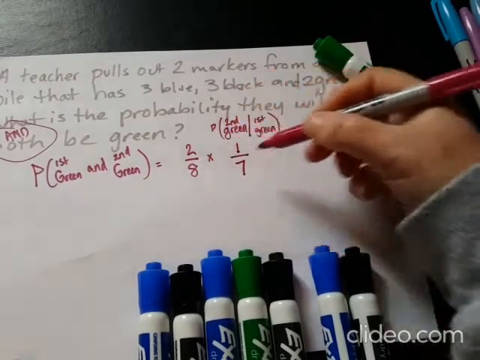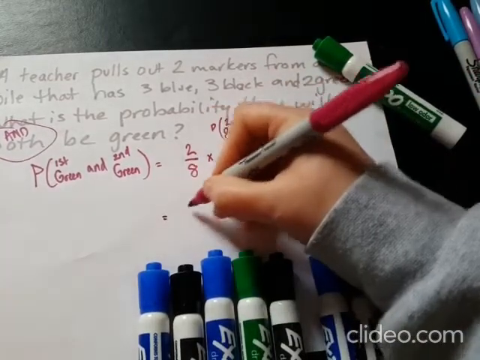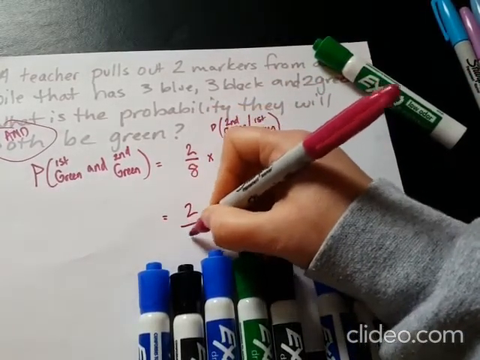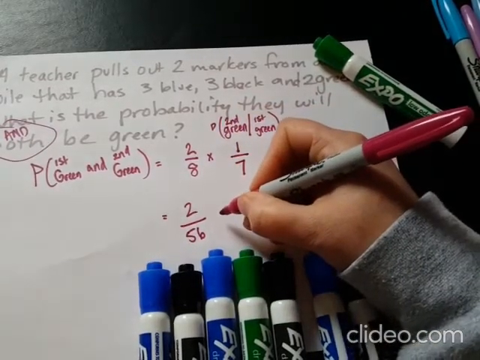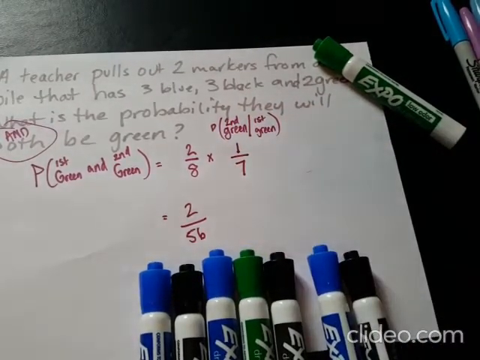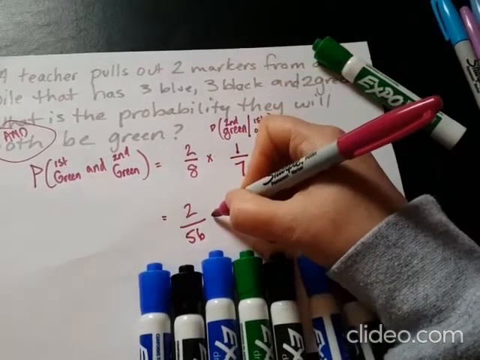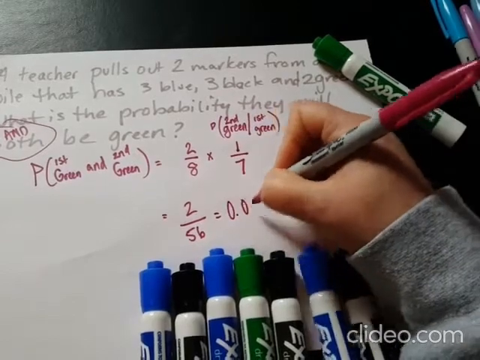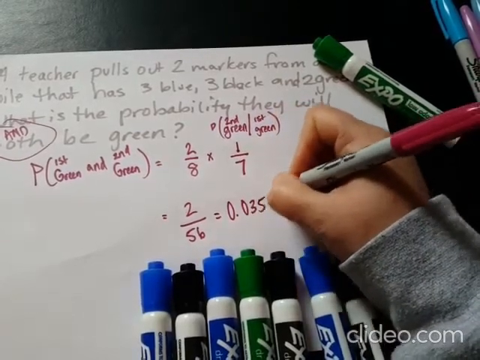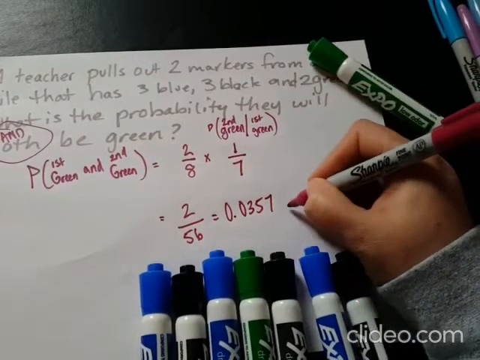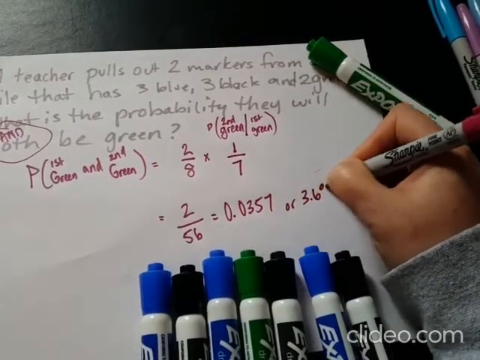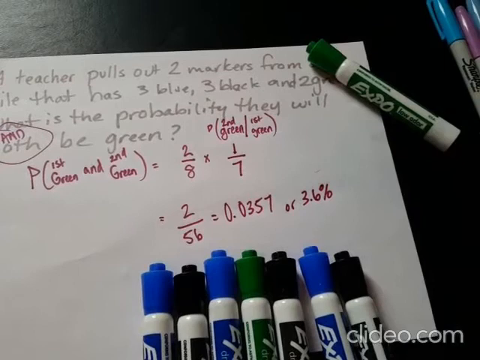So when we multiply straight across, we'll get 2 over 56. And then we can reduce that. We can make that into a fraction, or into a decimal rather. So you might want to say 3.5 or 3.6% of the time you'll both get green.